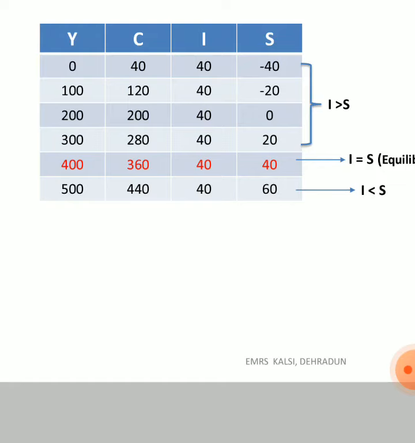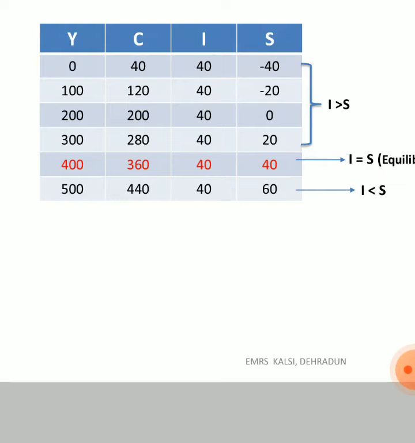So now the values are same, which we used to take in the previous videos. So now how we will find at what point we will get the equilibrium. Okay, we have to find the point where we will get the equilibrium, and the point will be where the investment and savings is equal.